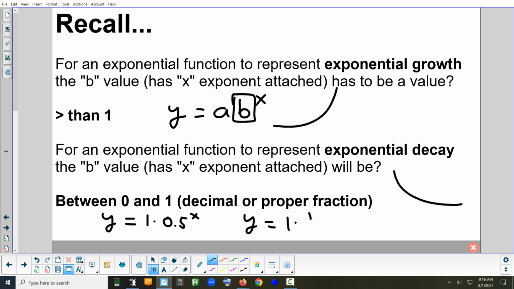Yep, 1/2, perfect. Those are the same thing. If I were to type those on the calculator, they're identical. In this case, I used a decimal. In this case, I used a proper fraction. You could see it either way. And if it was a problem on a test, I would accept either answer, a decimal or a fraction.